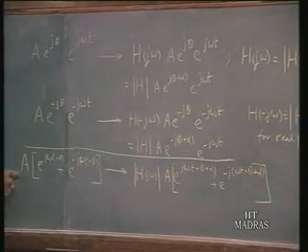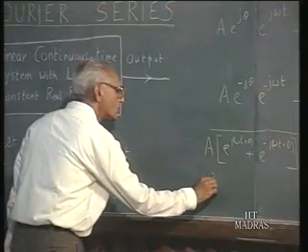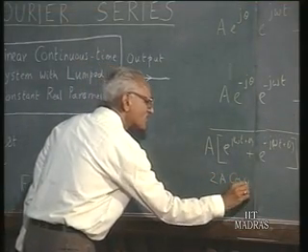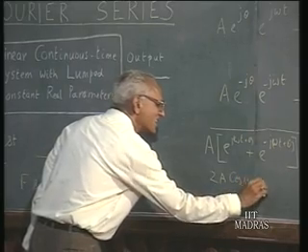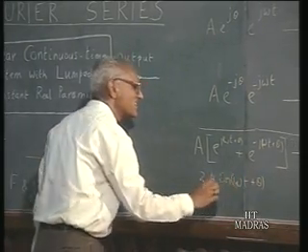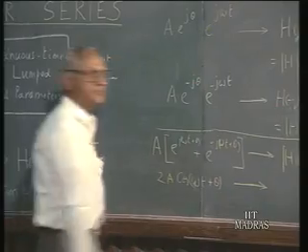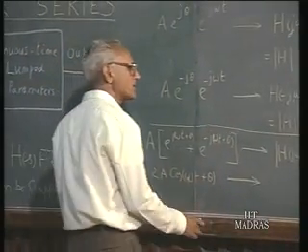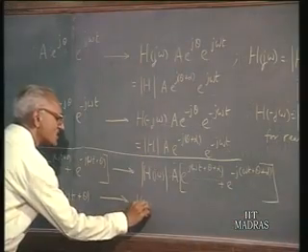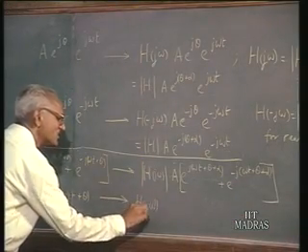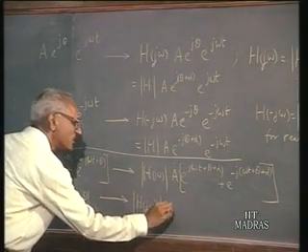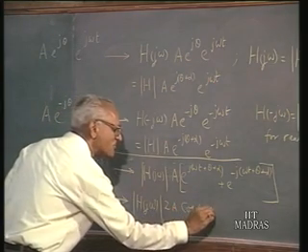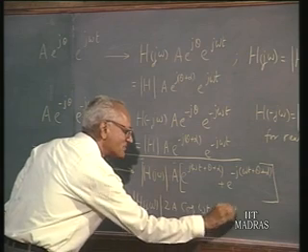And indeed, you could now see that this is really 2A cos(ωt plus θ). That means this is a general sinusoidal function of time, and as far as the output is concerned, you have |H(jω)| 2A cos(ωt plus θ plus α).